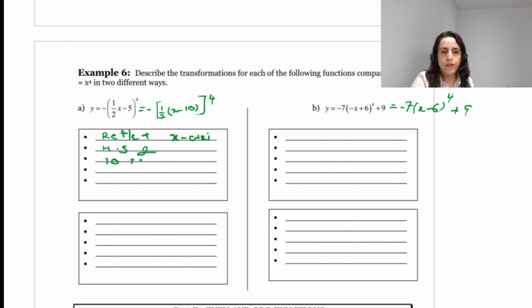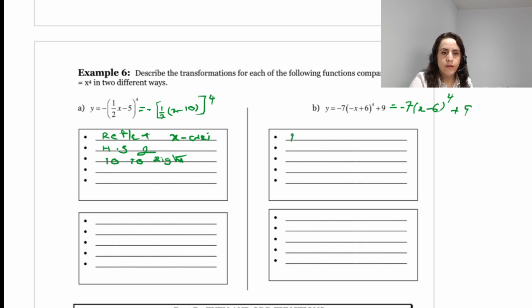You can write it in a better way, in a proper way, in full sentences. But for me here, the app is giving me a hard time. And I'm done here. I have just these three transformations.